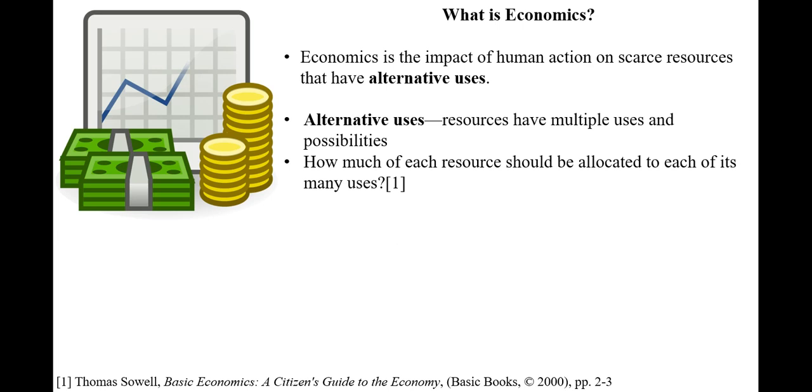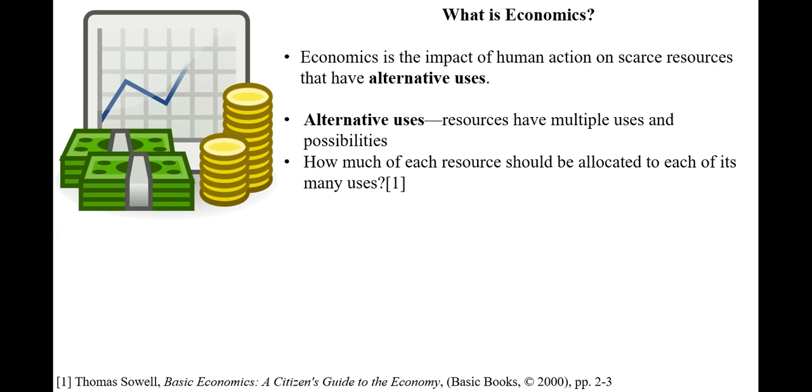But how do we figure out what is the right amount of milk for each person in an economy? And each person may value milk differently, and they may drink milk at different levels, and they may like milk when they're younger and not like it when they're older. And some people are lactose intolerant, and so they avoid all these products. So if we set up a board to make these decisions, it would be a near impossible task.